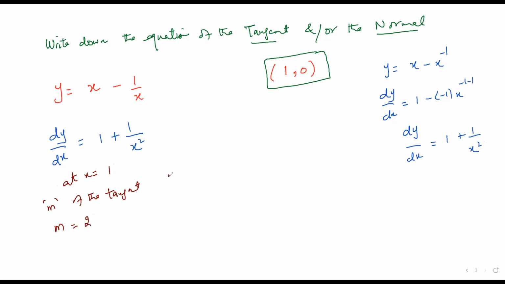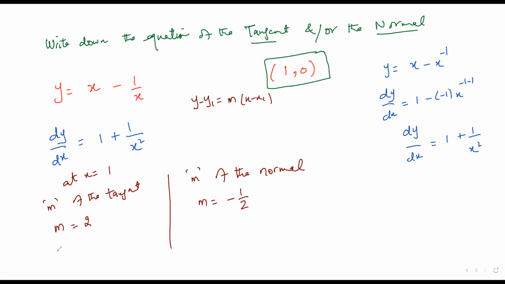Okay, and you can write immediately m of the normal. Suppose if you had to write the equation of the normal as well, so m of the normal would be minus 1 over 2. And then you simply have to use the rule that y minus y1 is equal to m into x minus x1.